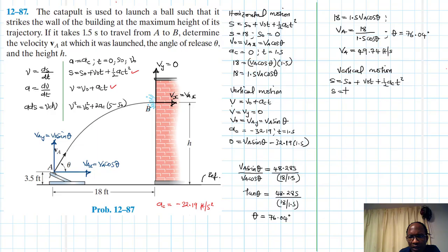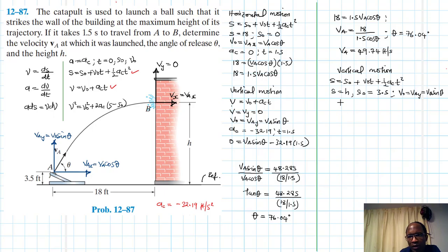Our S in our case is H, and S naught is equal to 3.5, and then we have V naught equal to VAY, which is equal to VA sine theta.